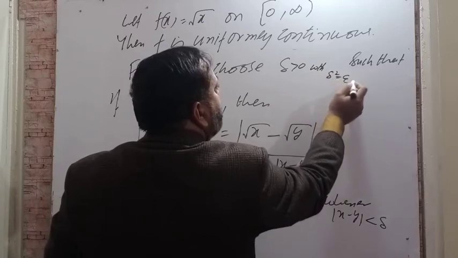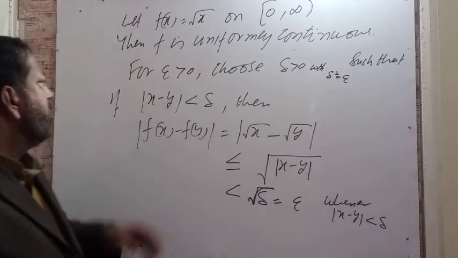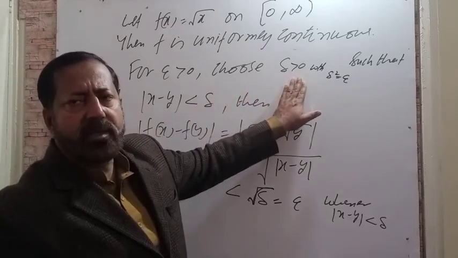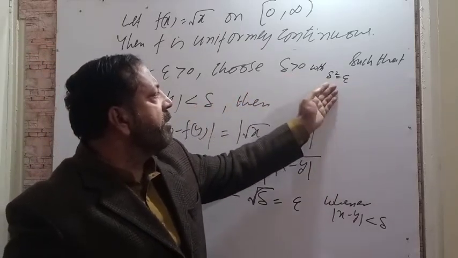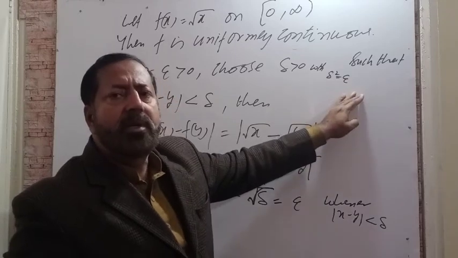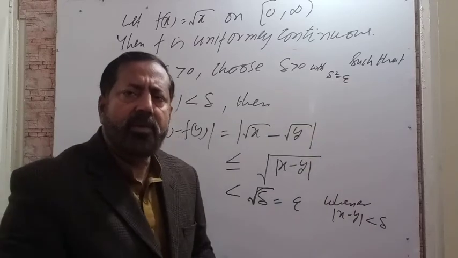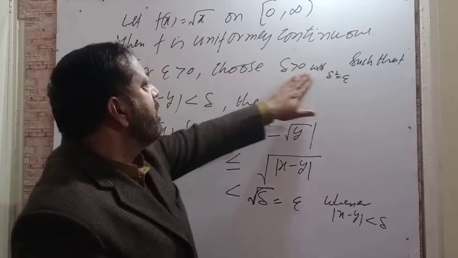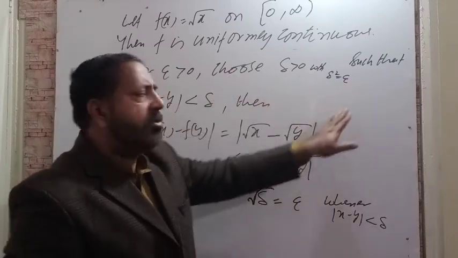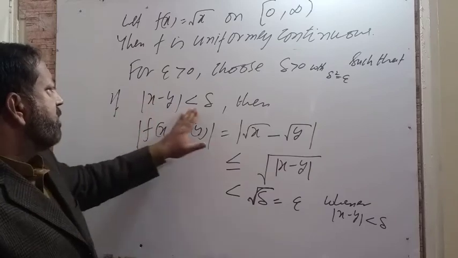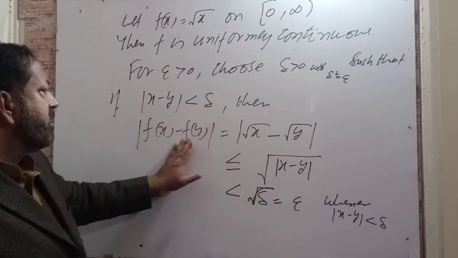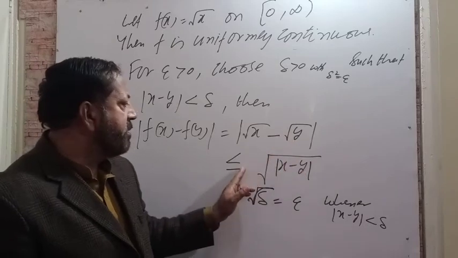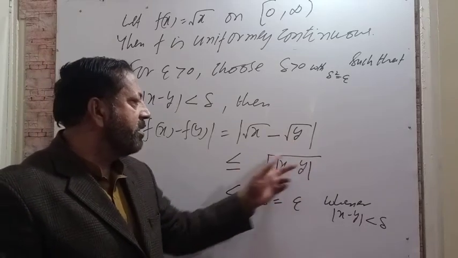Here delta is positive, emphasizing the concept, because epsilon is positive. From here you can write delta = epsilon². Also it is a square value, so it must be positive. So we choose delta = epsilon², so that whenever |x - y| is less than delta, then |f(x) - f(y)| = |√x - √y|, which must be less than or equal to √|x - y|.